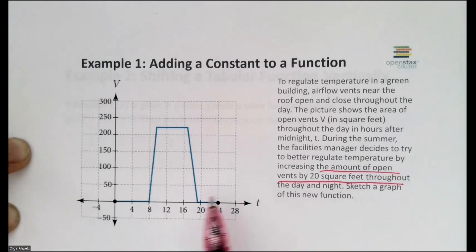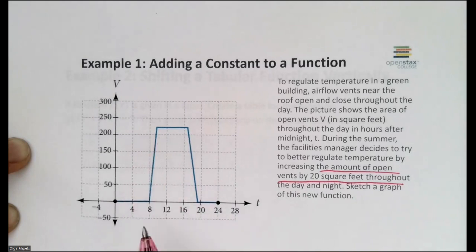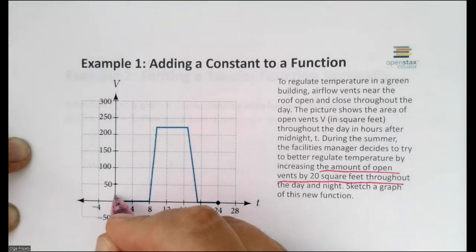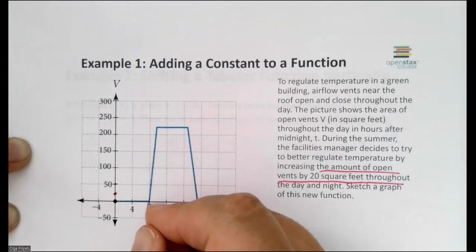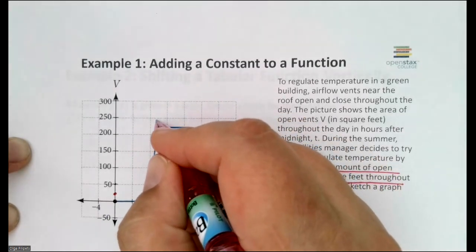So that means that this function is going to increase by 20 everywhere. Every point is going to move 20 units up. Right here, since this is 50, I would say that 20 would be somewhere here. And we're going to increase every point by that amount.